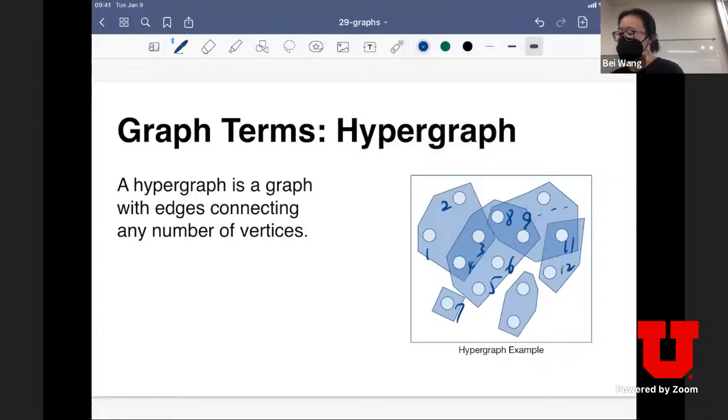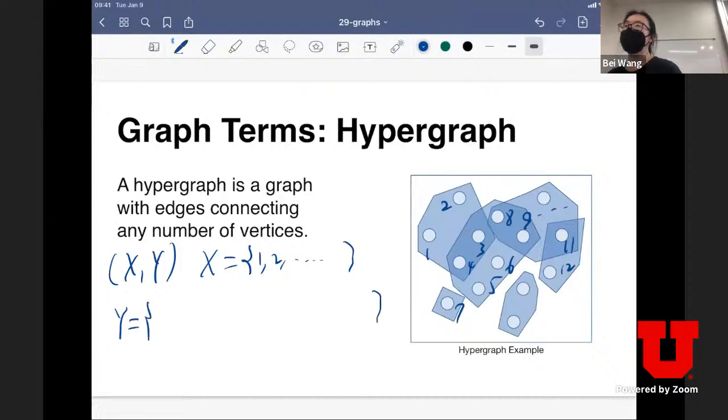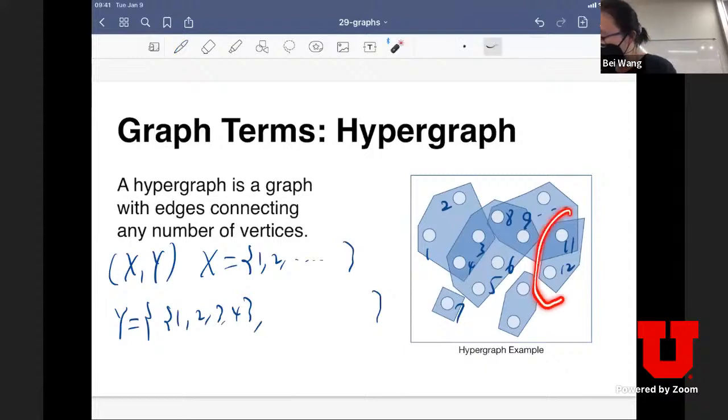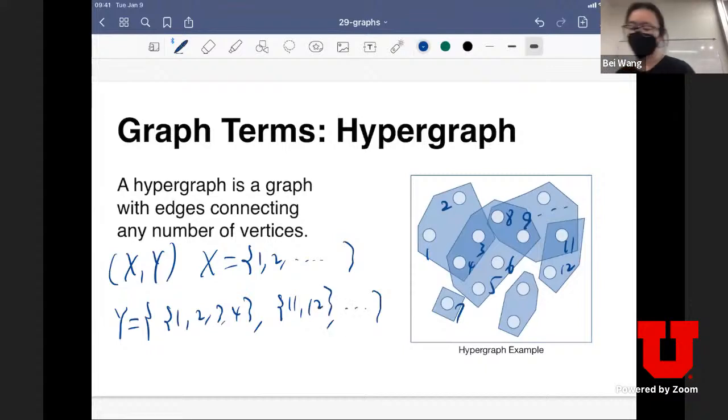Those are node IDs. Then for the hypergraph, remember I'm using this notation, X is all the nodes, and each hyperedge is a set of vertices. So for example, this hyperedge right here is a set of vertices 1, 2, 3, 4, and this hyperedge here is a set of vertices 11, 12, and so on. I didn't spell it out completely, but you get the picture.